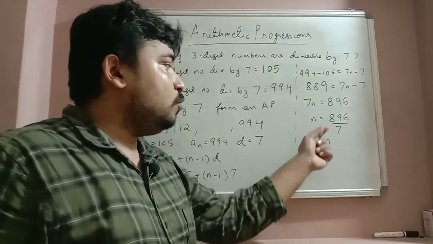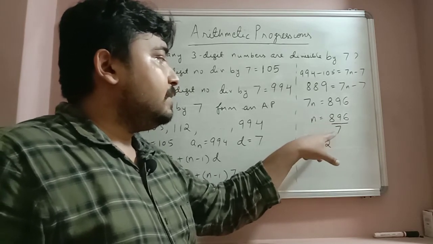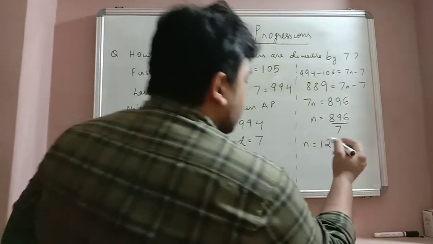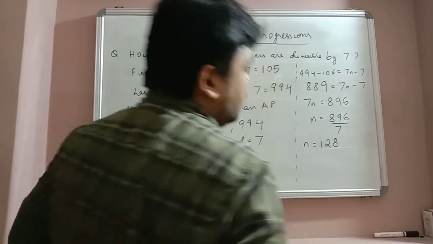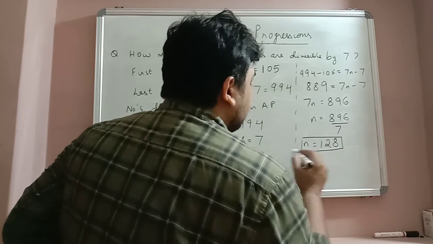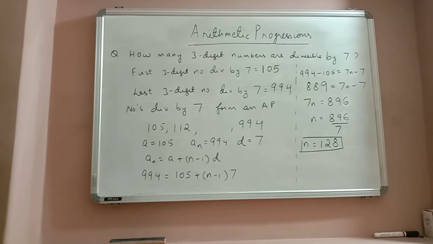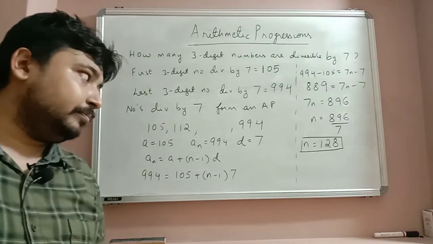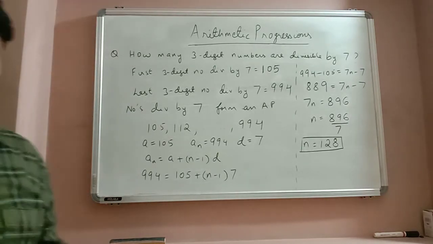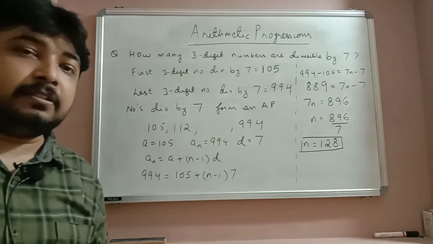N becomes 7 1s are 7, 7 2s are 14, 56, 7 8s are 56. So n is equal to 128. On simplification we get n equal to 128. So there are 128 3-digit numbers divisible by 7. I hope this is clear to everyone.